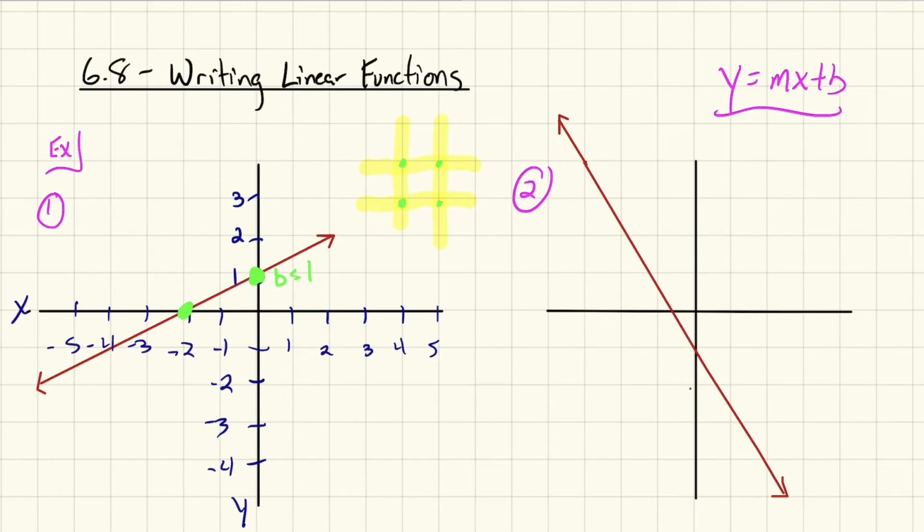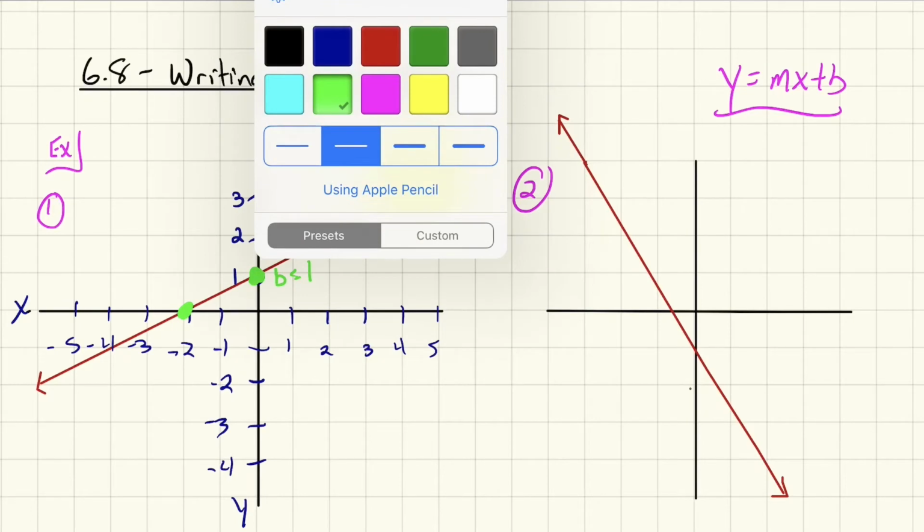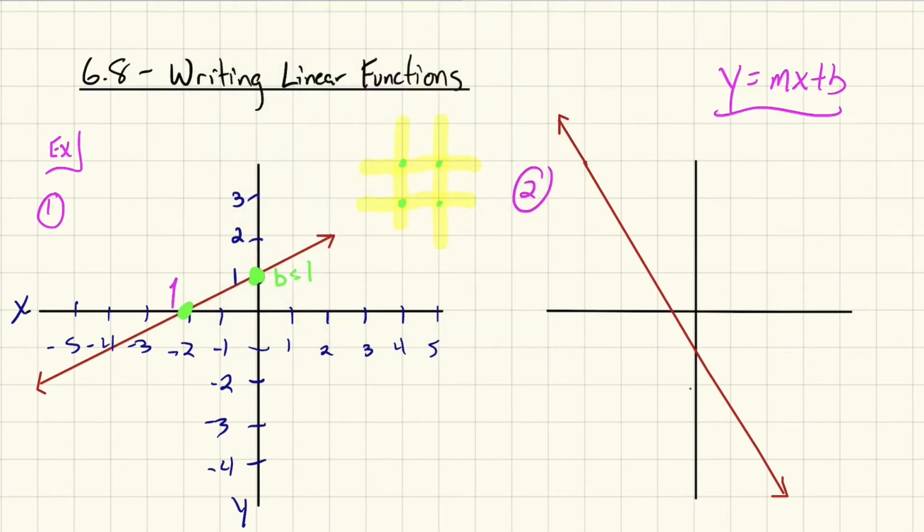Well, my slope is going to be, from left to right, I'm going up 1 spot, and I'm going right 2 spots. So to get from one point to the other, I go up 1 and right 2.